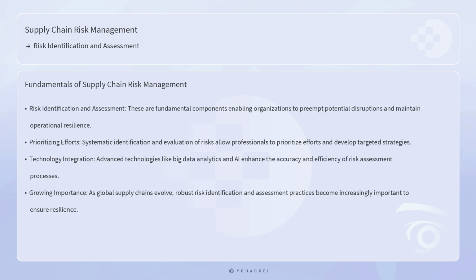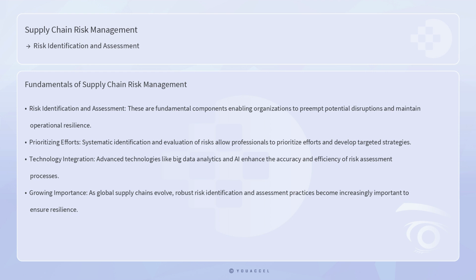In conclusion, risk identification and assessment are fundamental components of supply chain risk management, enabling organizations to preempt potential disruptions and maintain operational resilience. Through systematic identification and evaluation of risks, supply chain professionals can prioritize their efforts and develop targeted strategies to mitigate risks effectively.